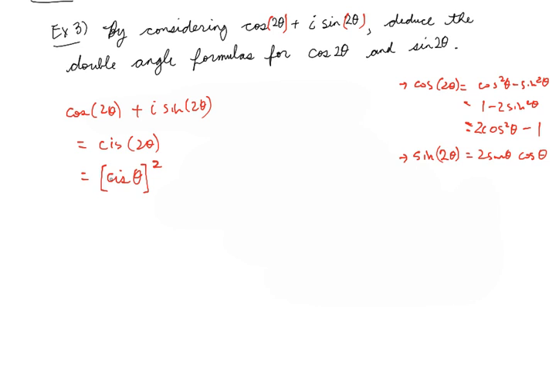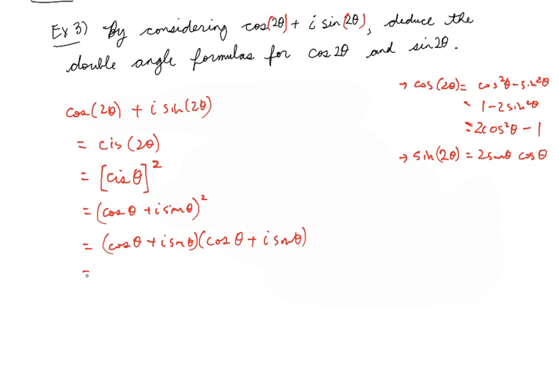Well, now if I expand this out, cosine of theta plus i sine of theta, and then I square that. If I were to do FOIL here, I would get cosine theta plus i sine of theta times cosine of theta plus i sine of theta.